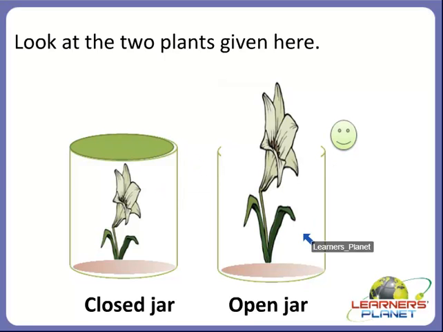And you can see in this picture that there is an open jar with the soil in it and the plant in it. So children, what can we observe here?